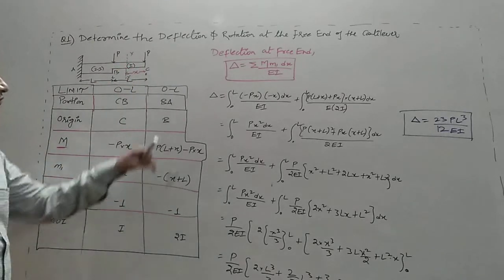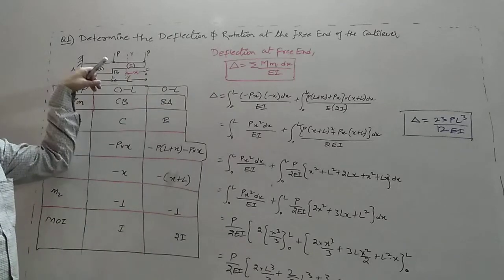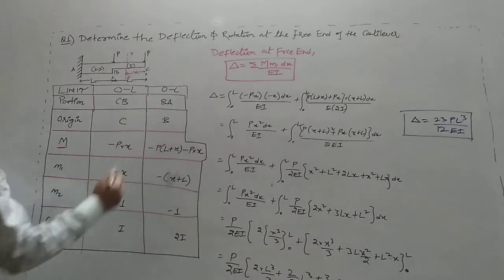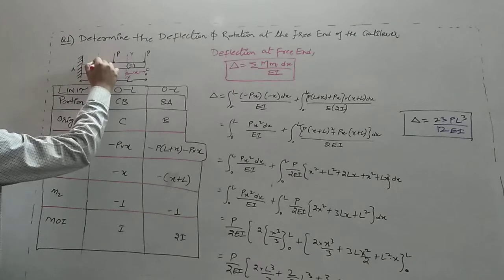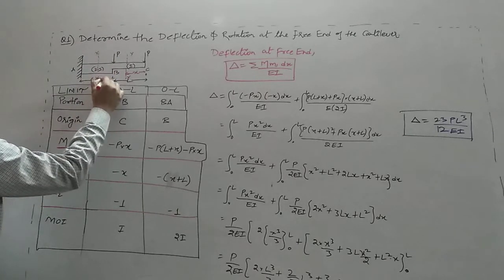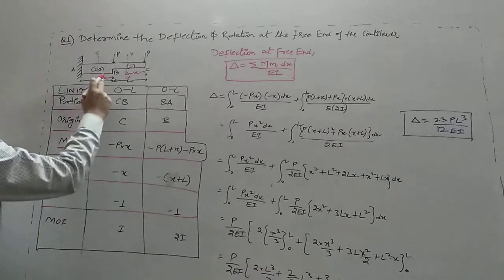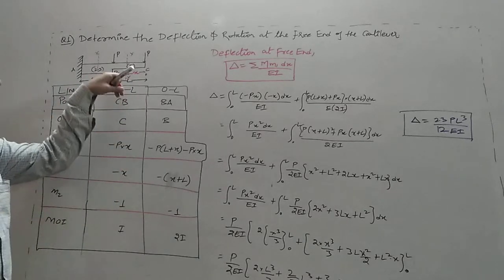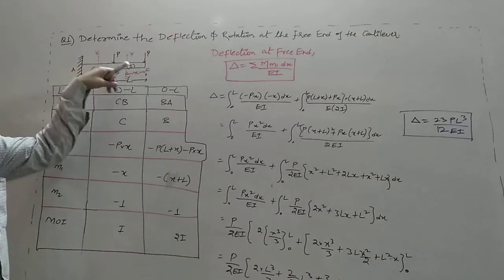Okay, now we have to consider our BA segment also. For the BA segment, if I am considering my section here, this is my x-axis section at a distance of x from this B point, because initially we considered our origin as B for this BA segment.